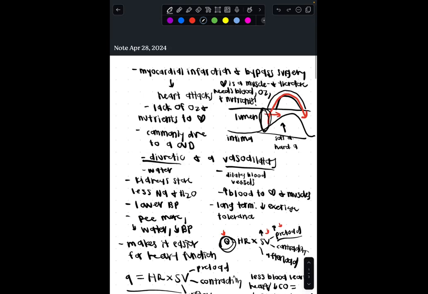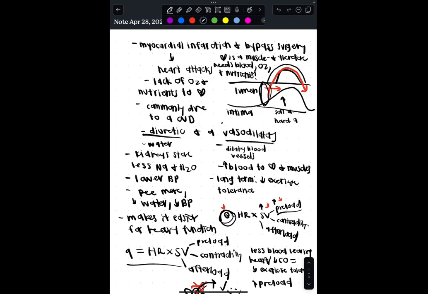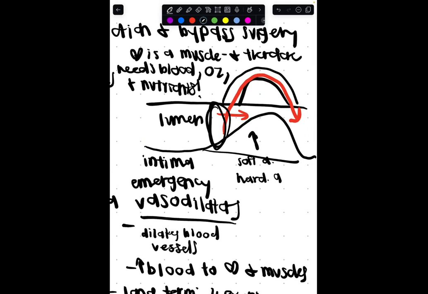Obviously, immediately though, and it is called, worth mentioning, an emergency vasodilator. So yes, we are decreasing our exercise tolerance over time, but we are more concerned acutely about our patient's survival. When they have this going on, we are not concerned about how they can run a marathon, how they can even walk on a track. We are concerned about them surviving.